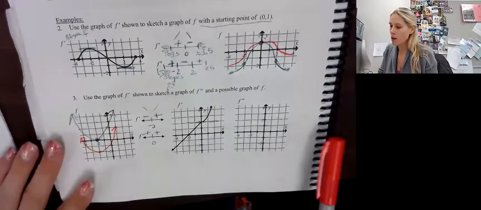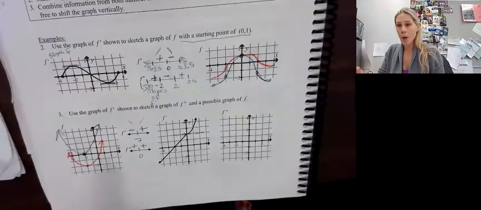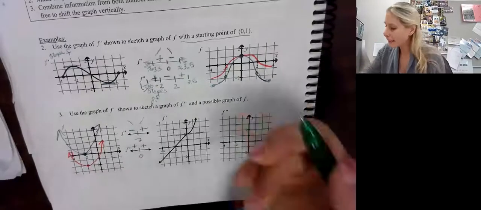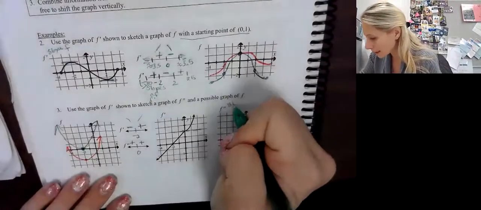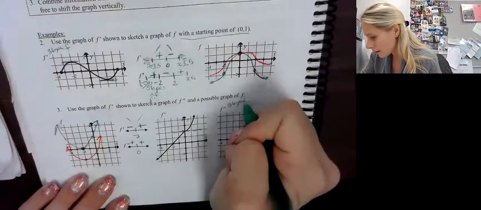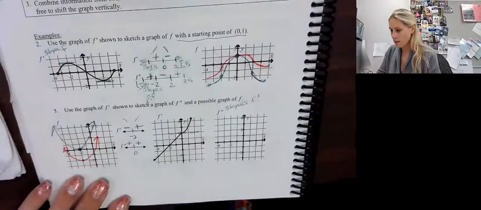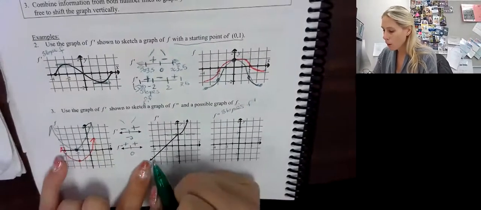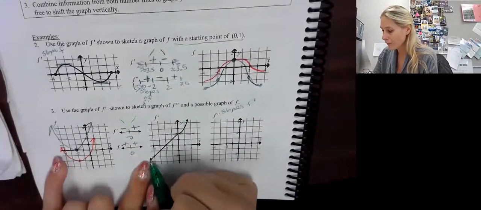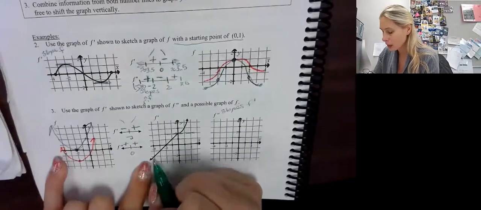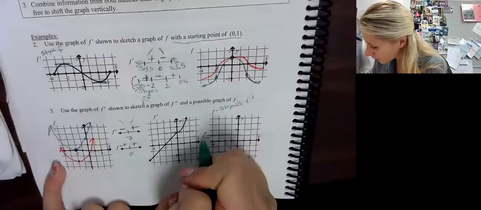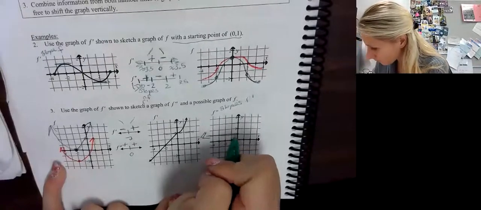Now let's talk about f double prime. If you remember, this is the slopes of f prime. So the slope from -infinity to 0, that slope is the slope of 1. Okay.